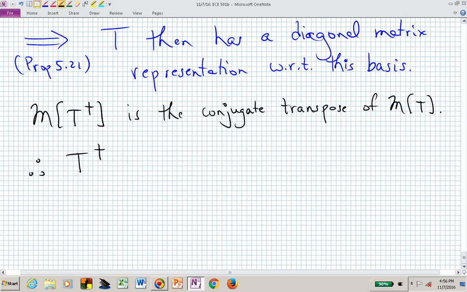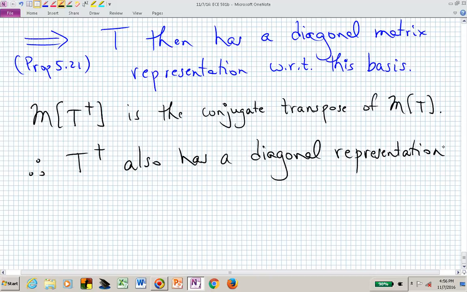Therefore, T dagger also has a diagonal representation with respect to this basis.